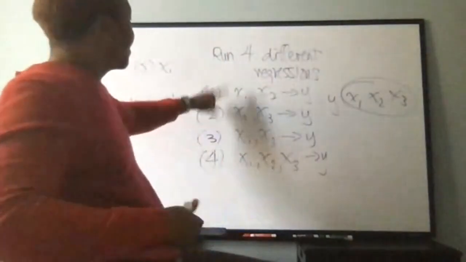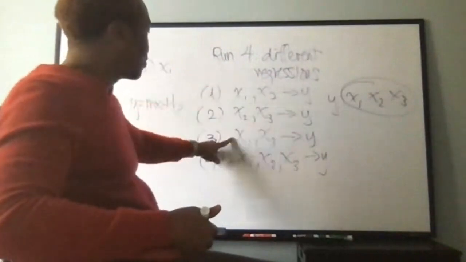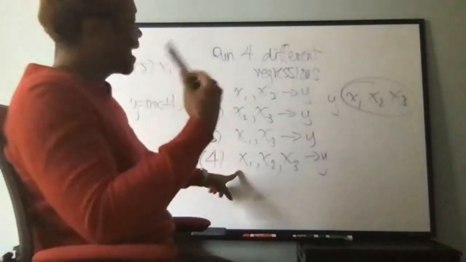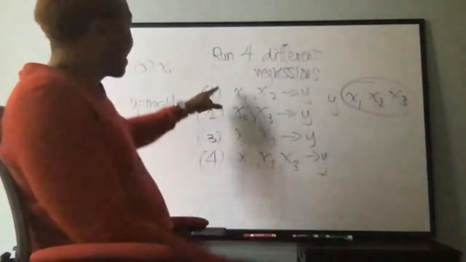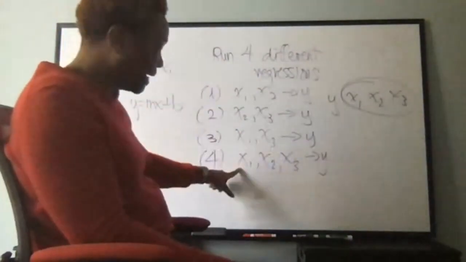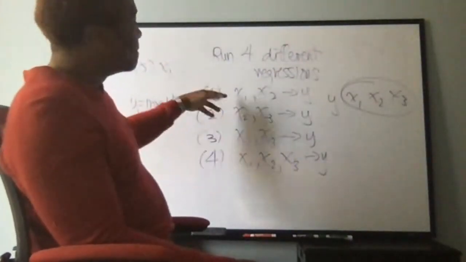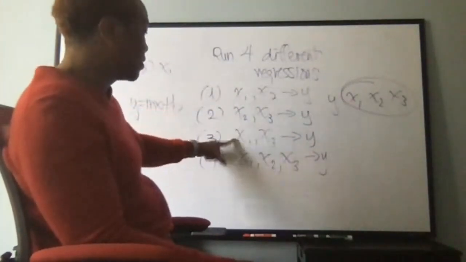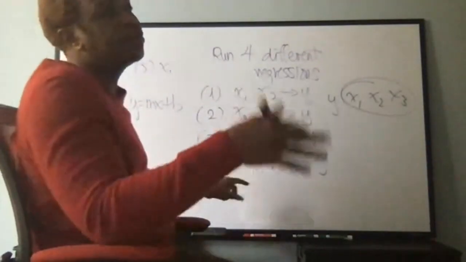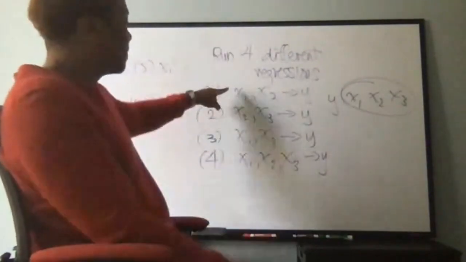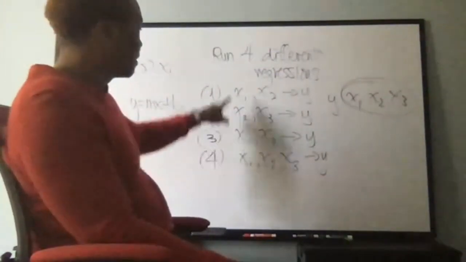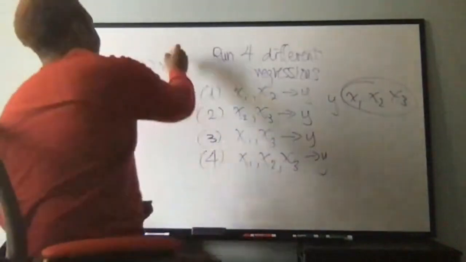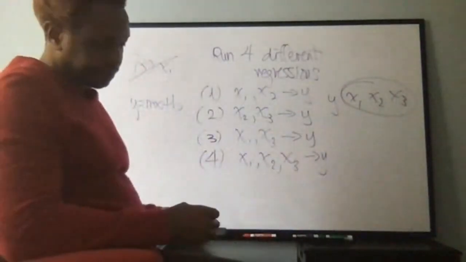Now here I have k equals 2, k equals 2, k equals 2, k equals 3. When I'm comparing models where the k's are different, I can only use adjusted R squared. K equals 1 is not even in the mix, right?